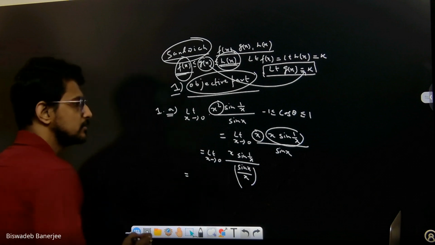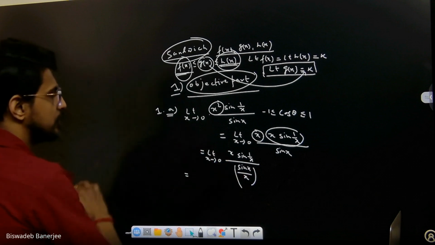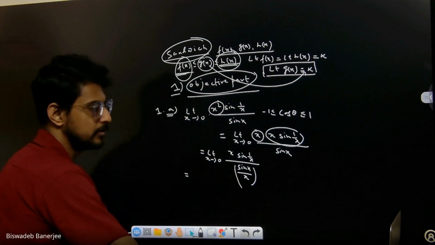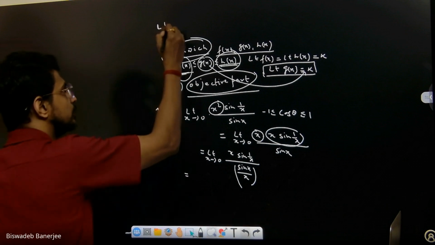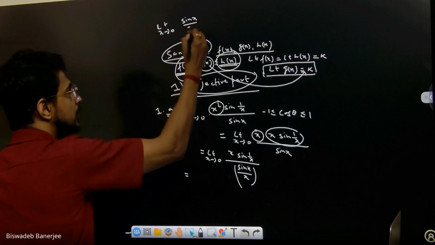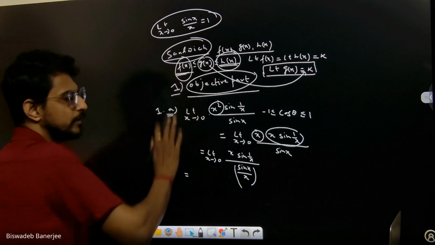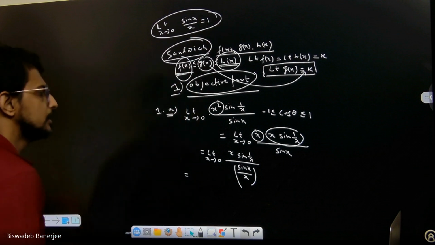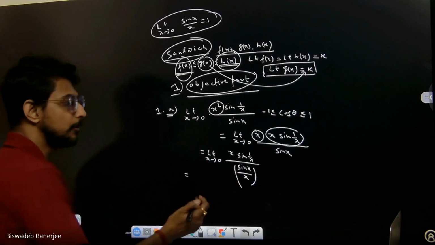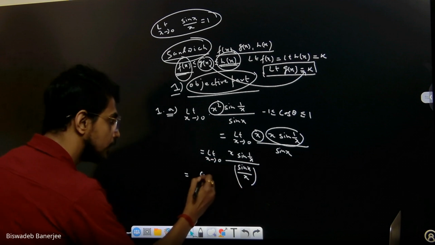Now see that this limit sine x by x is always 1. It's a very easy limit. We all know limit x tends to 0 of sine x by x equals 1. You don't need to prove anything. This is a standard result. So this limit is 1. And for the numerator, as we obtained, the limit of this is 0.